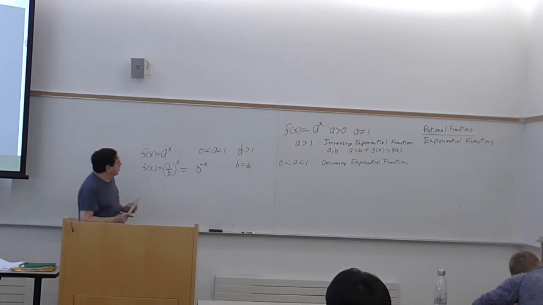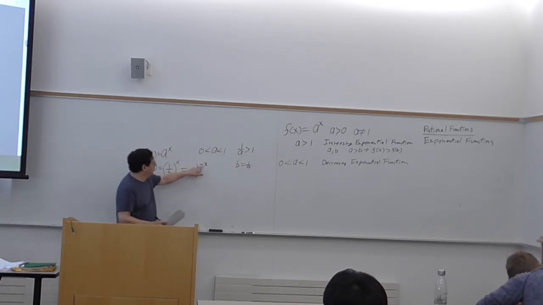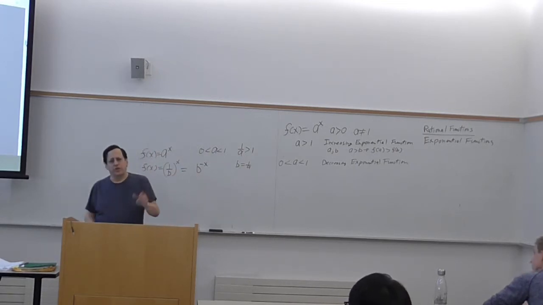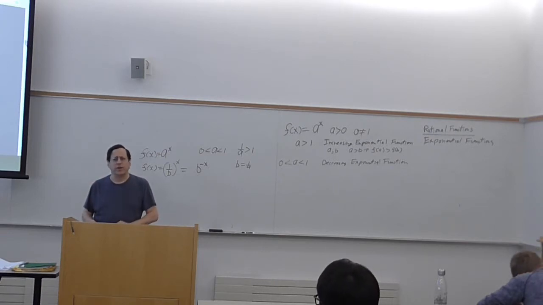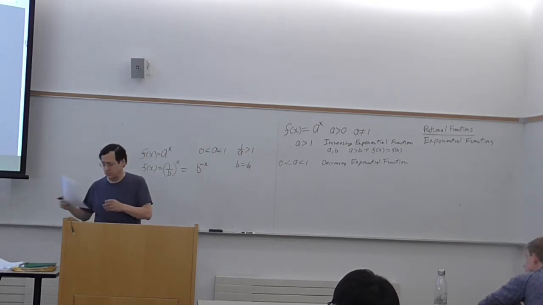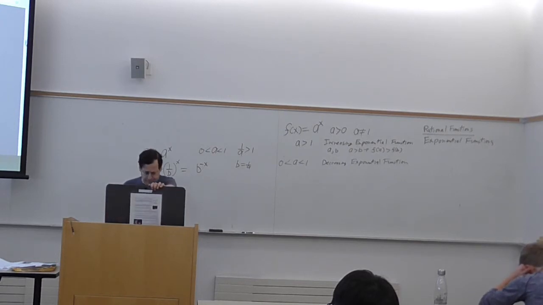In other words, going from f of x equals a to the x to f of x equals b to the x, we're just changing the x to a minus x. And what does that do when you just change the x value to a minus? What kind of transformation is that? It's a reflection. Remember, that's a reflection in the y-axis.